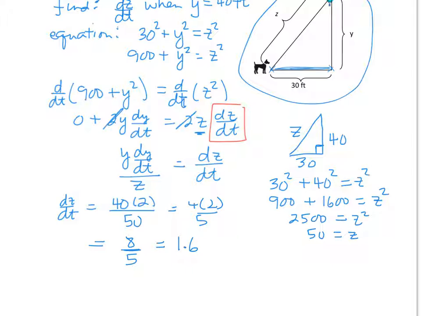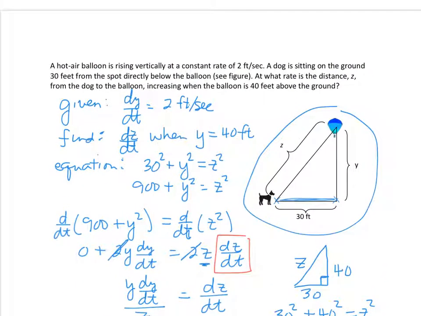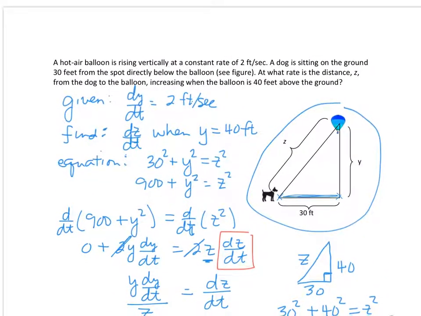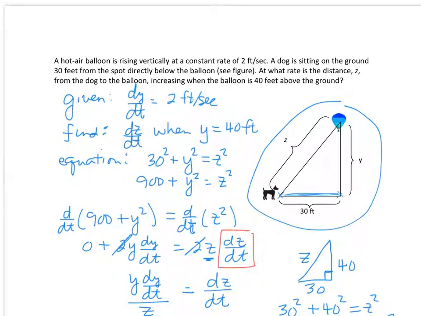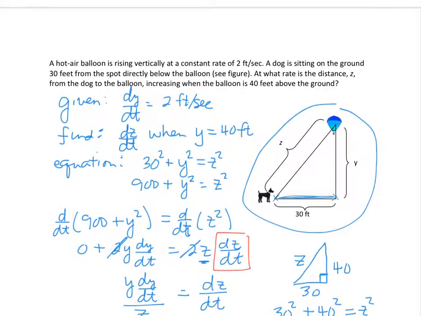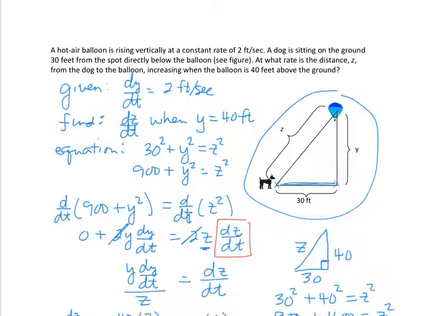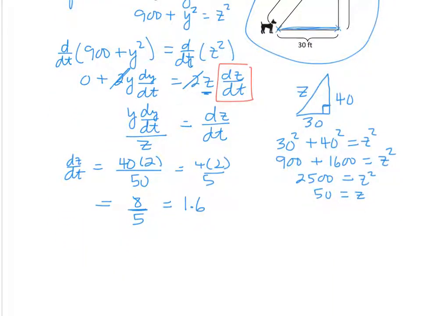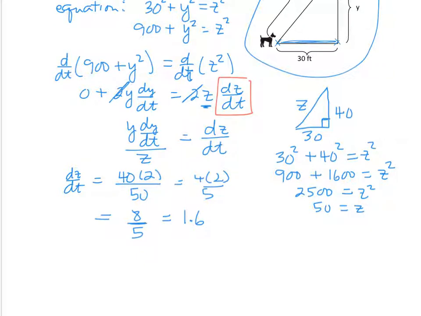The units, we're talking about the rate of change of distance with respect to time and everything. There were no inconsistent units. Everything was in terms of feet. So the units would be feet per second.